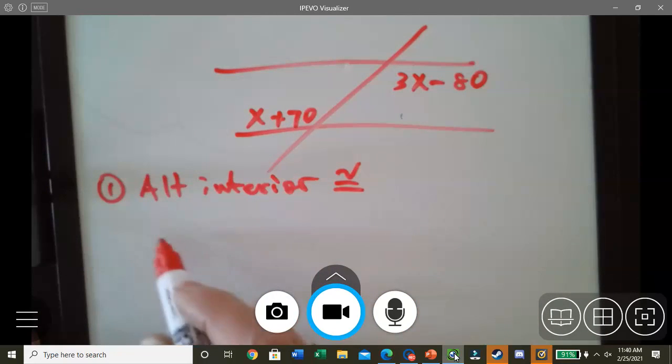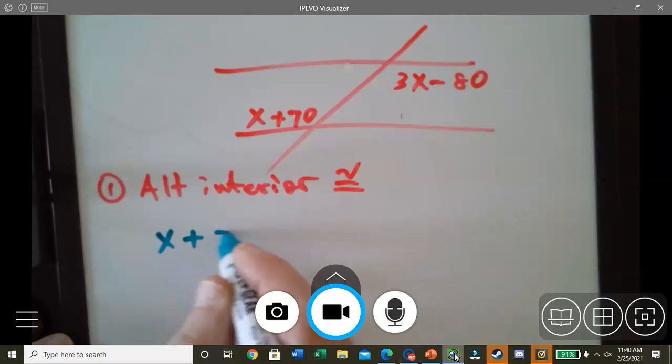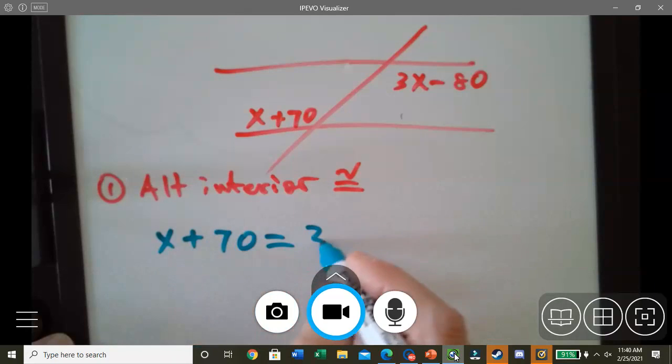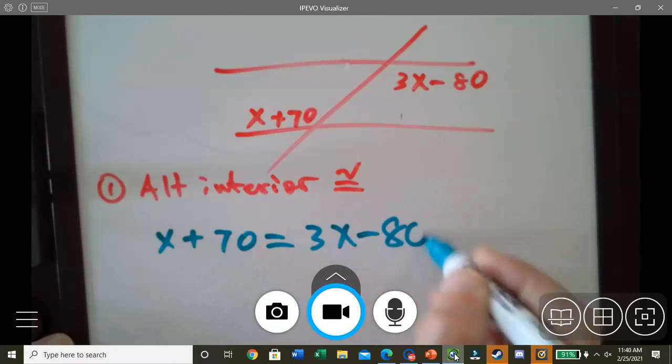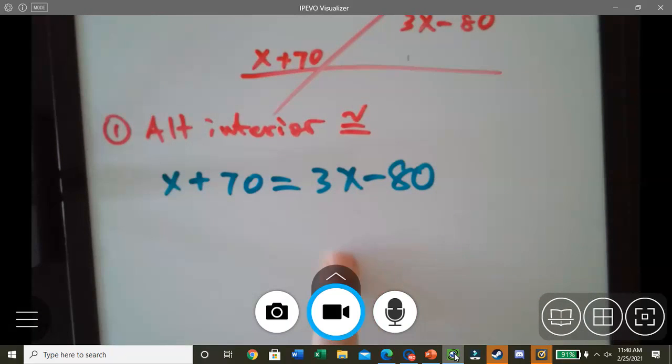So that means we set the angles equal to each other. So that would make x plus 70 equal to 3x minus 80. Okay, go ahead and solve this equation and determine what the angles are. All right, go ahead and work that out.